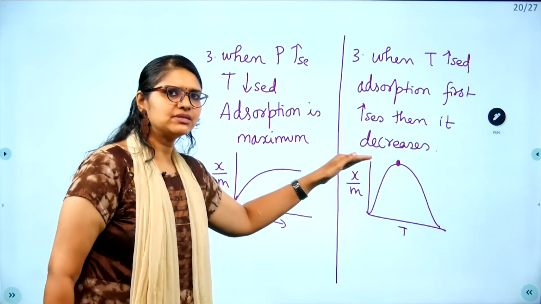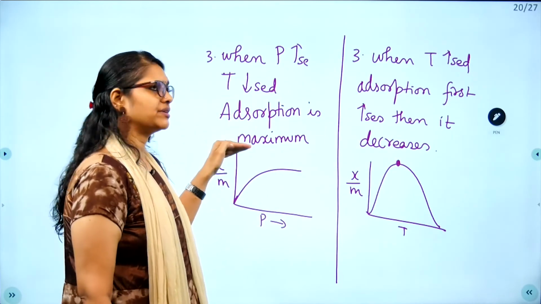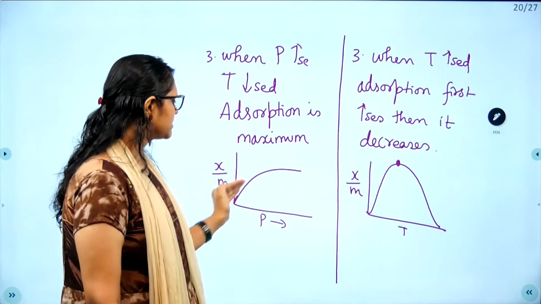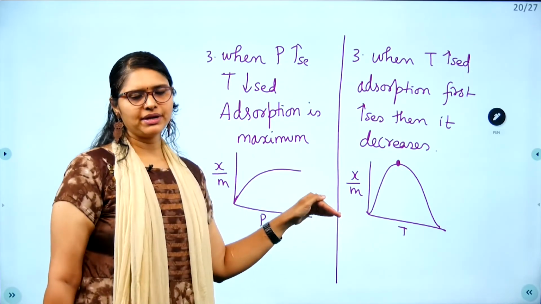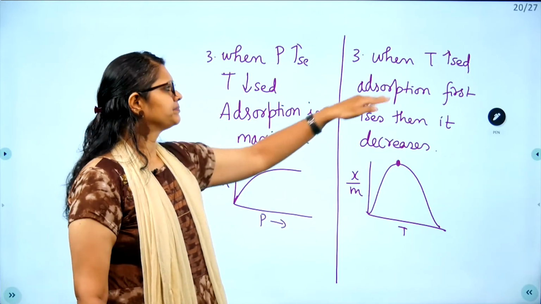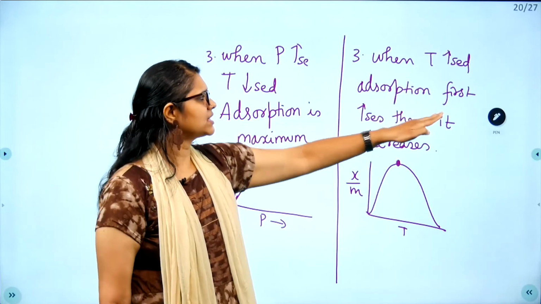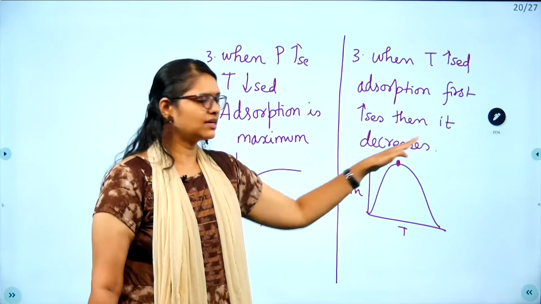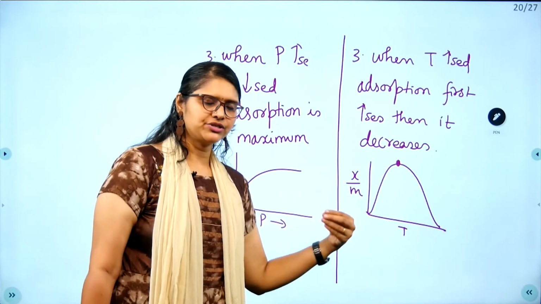When the pressure is increased and temperature is decreased, adsorption is maximum in physisorption, and you can see the graph also. But at one particular stage it becomes independent, that I will explain later. And in the case of chemisorption, when the temperature is increased, adsorption increases first and then it decreases, because it is exothermic and the energy is lost.